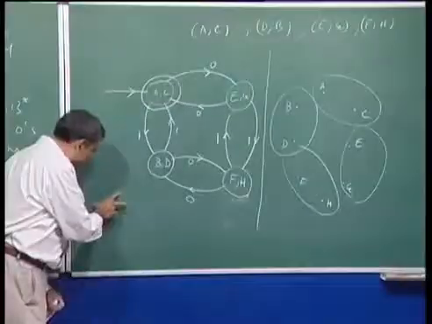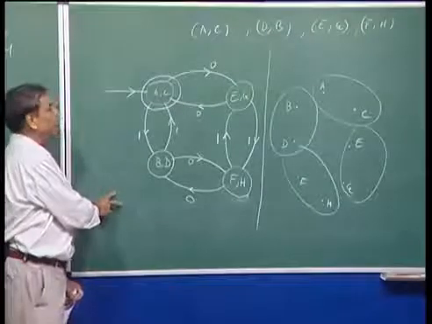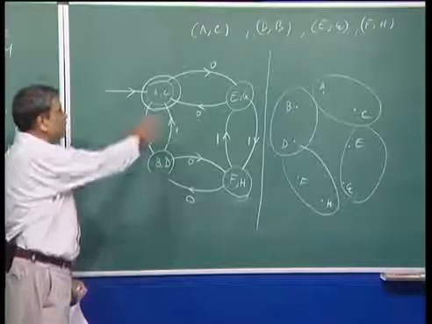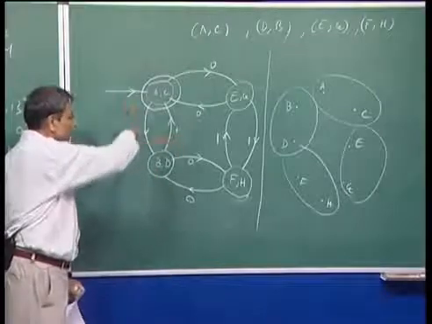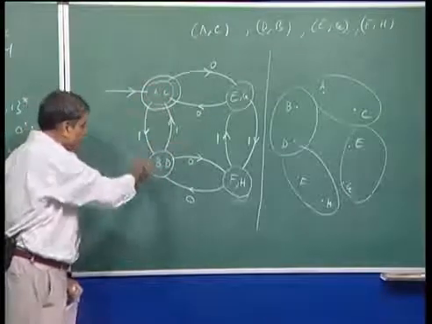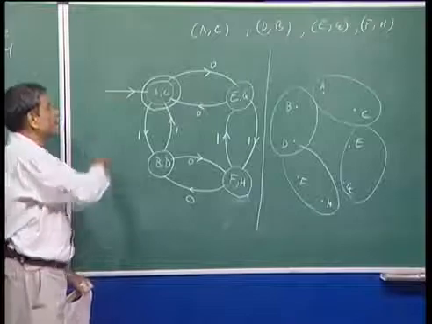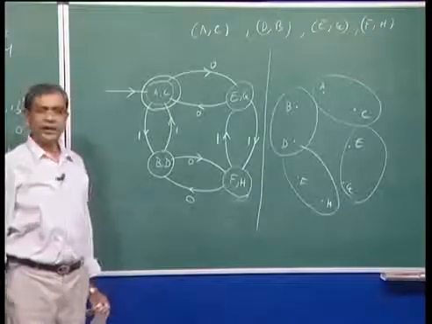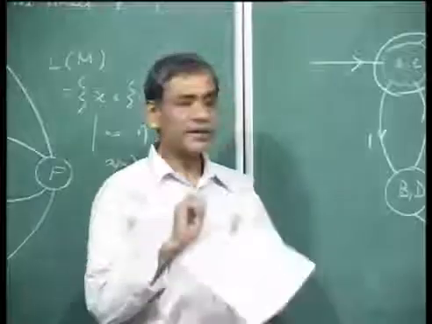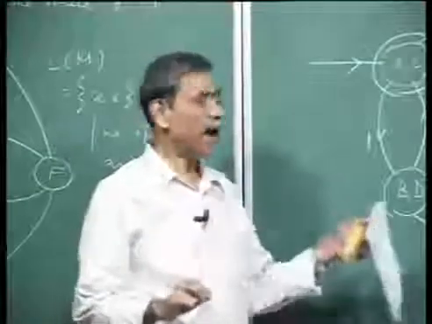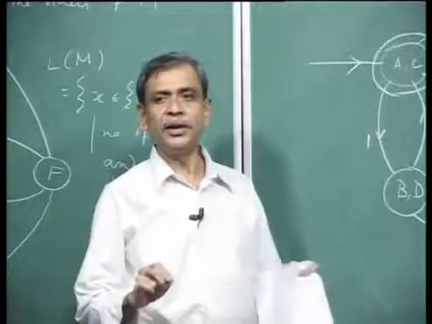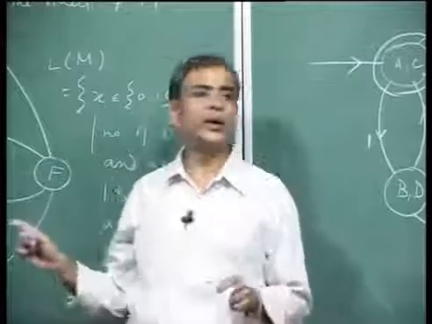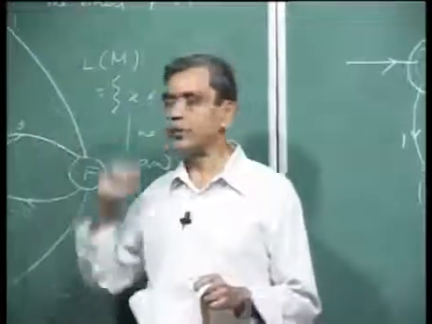So, if there is any state that is not reachable from the initial state, we remove all those states from the machine that we are building, and the resulting automaton will be the best machine you can have for accepting the language that we had.